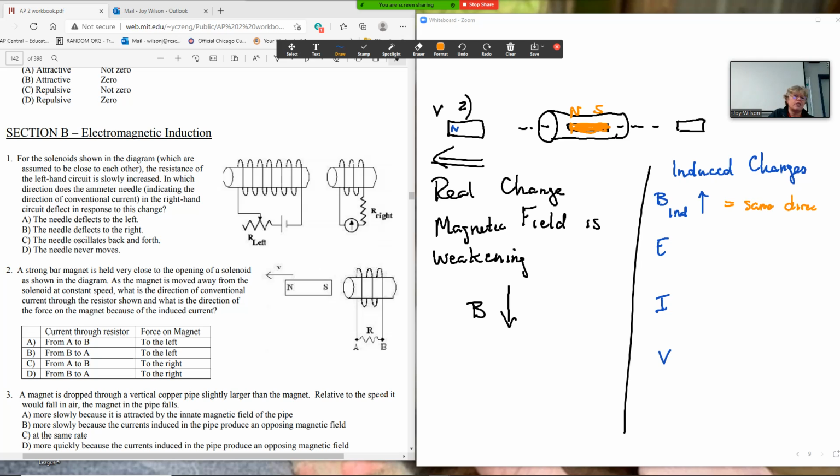Same direction. The electric field, what is that going to do to our electric field? Well, if our fingers were doing this, my thumb would be coming down the front. So my current is down the front. Current is down in front, up and back.